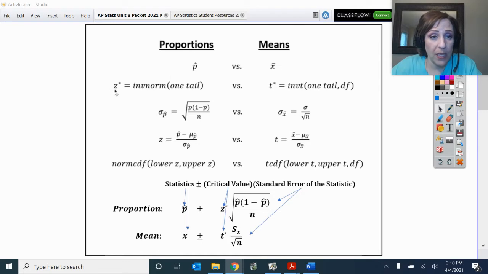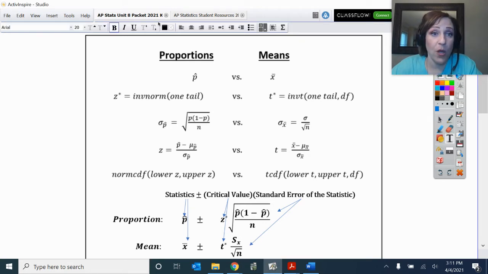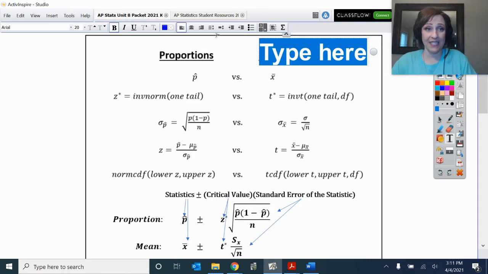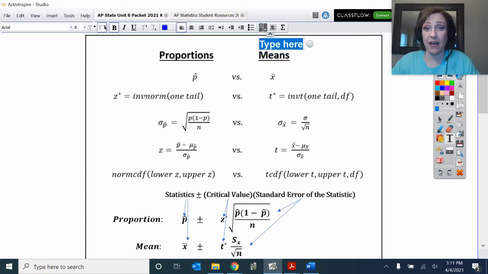So remember here that on the critical value for a Z star, if they say I want to be 95% confident, then you're going to put 95% in the middle and inverse norm one tail, your Z star. But if it's a mean problem, the reason you would use T's instead of Z's is because you only have the sample's standard deviation.